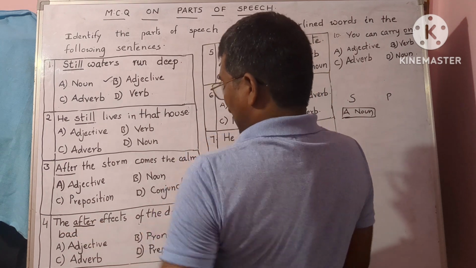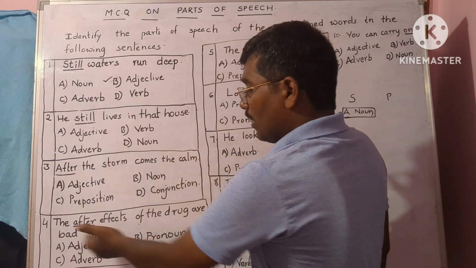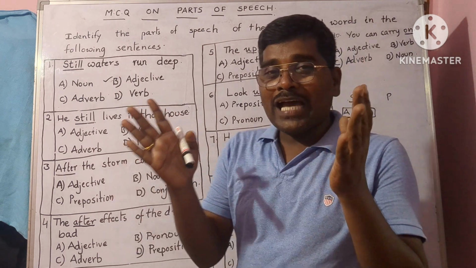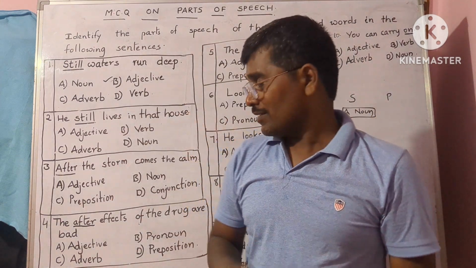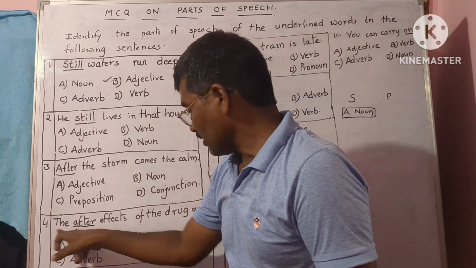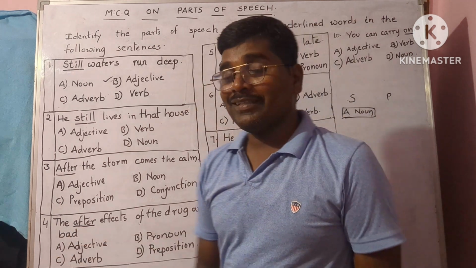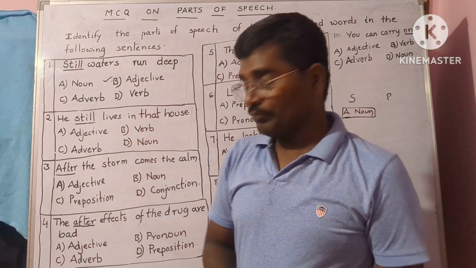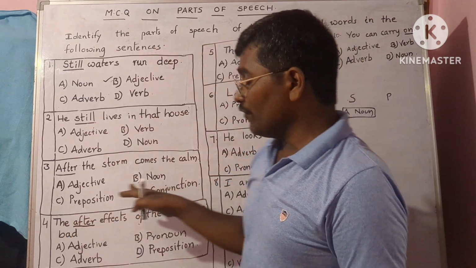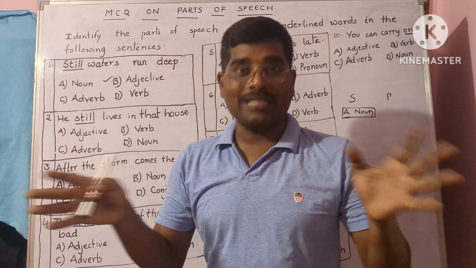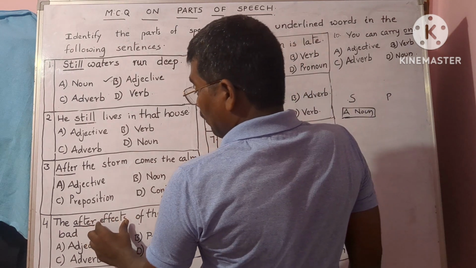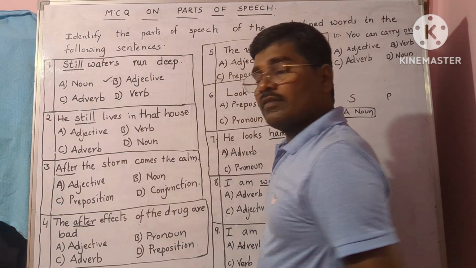The after effects of the drug are bad. When you break down the sentence into two parts, the after effects of the drug is the subject, are bad is the predicate. In this subject, if you take it as a noun phrase, the important word is effects.